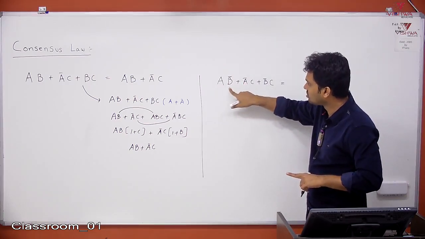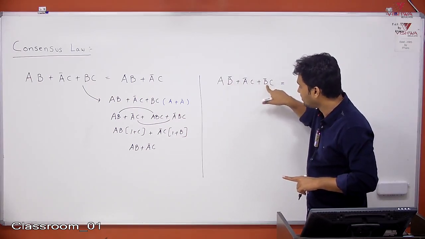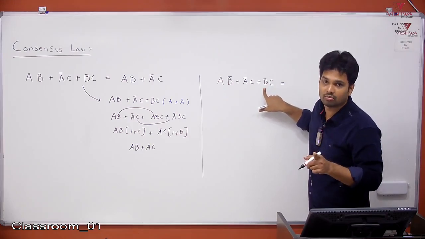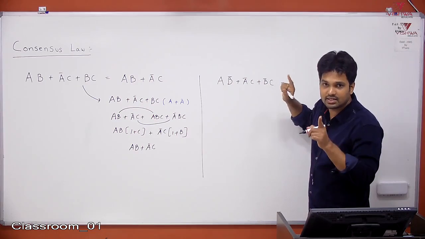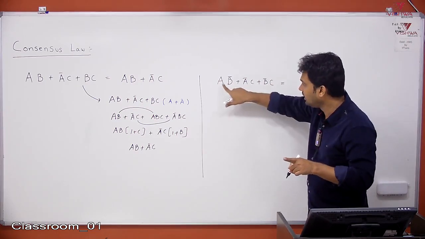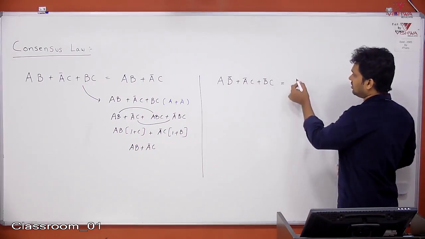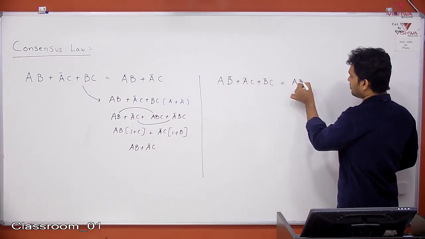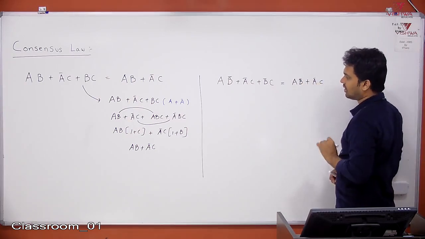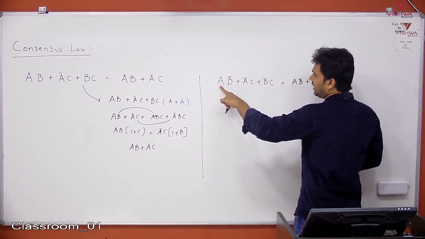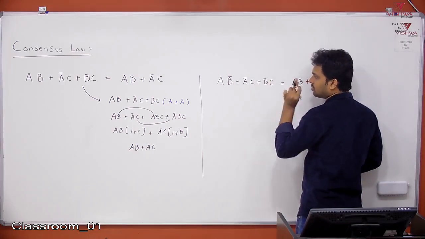Sir, then B also is in complement? You may have that doubt. B is in complement, but B is not in normal form. C is in normal form, but not in complement. It can exist in any one form, but only A is present in both forms. Then what is the answer? Same proof you can try, you will get A bar C. Or you can indirectly say the product of these two terms comes here, so you can neglect that product term.